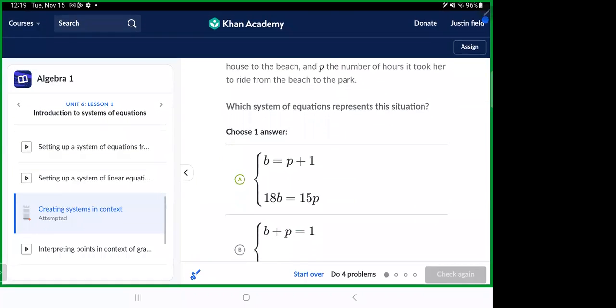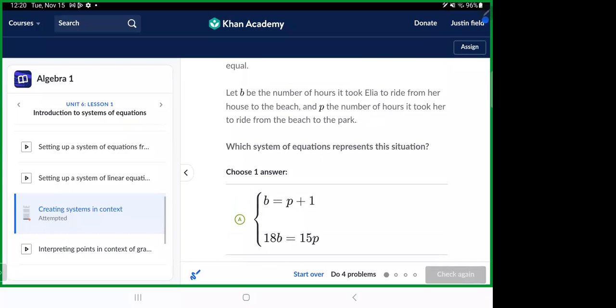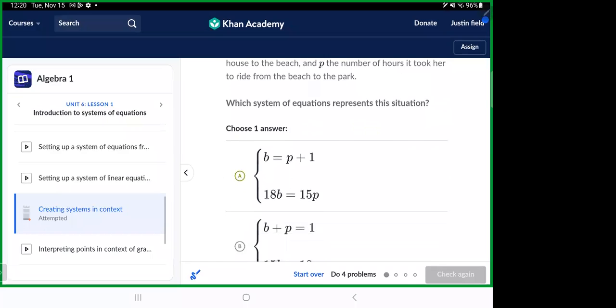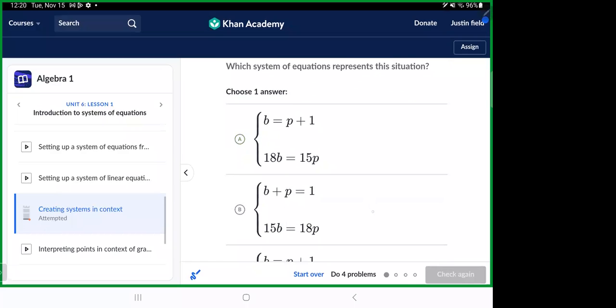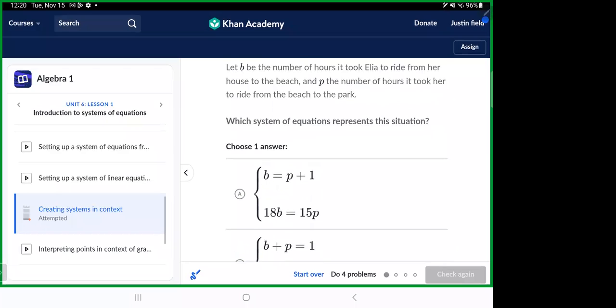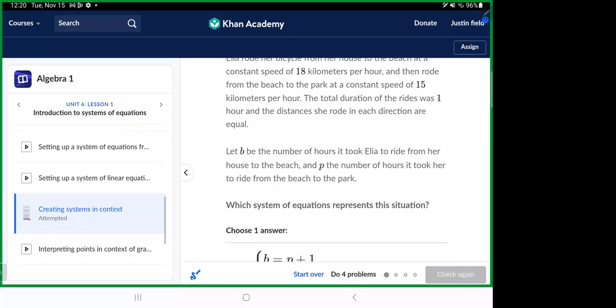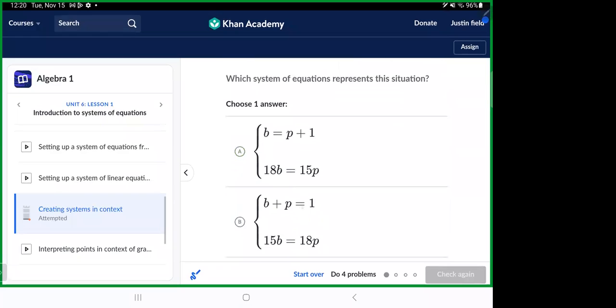So let's go ahead and look at, we know that there's equal distance, and we also know that it took her 1 hour. Okay, so I'm looking for the total duration of the rides was 1 hour. So we want to choose the one that says B plus P equals 1.